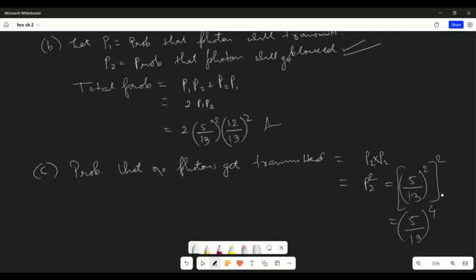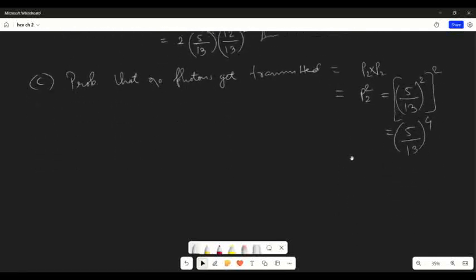And we have to calculate that at least one of the photons gets transmitted.